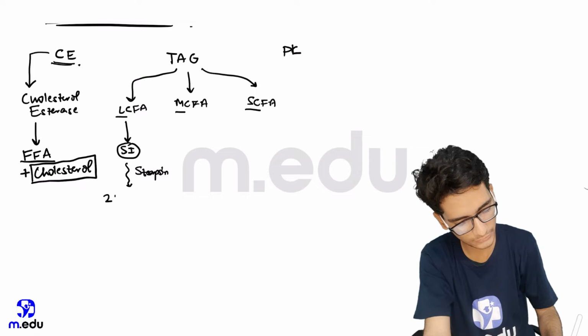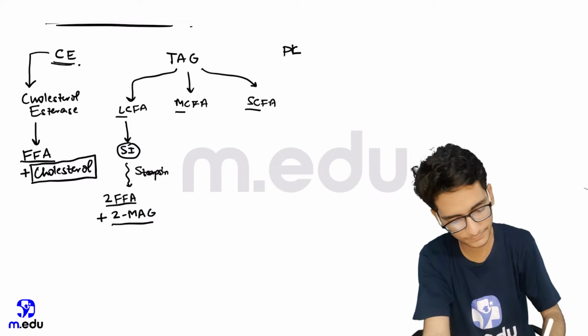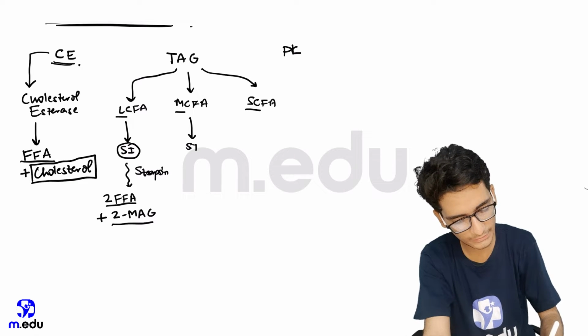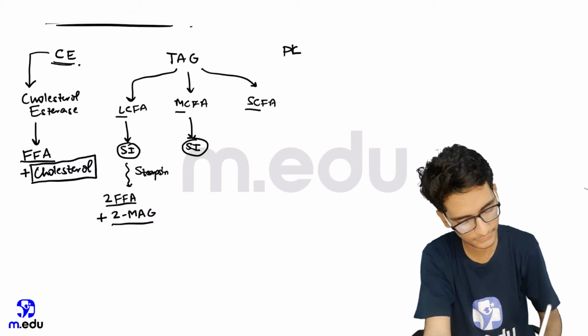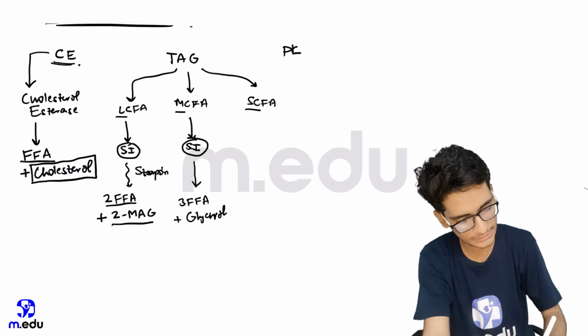The products formed are 2 free fatty acids along with 2-monoacyl glycerol. For MCFA, again the site is the small intestine, and the products formed are 3 FFA along with a glycerol molecule. The enzyme required here is intestinal lipase.